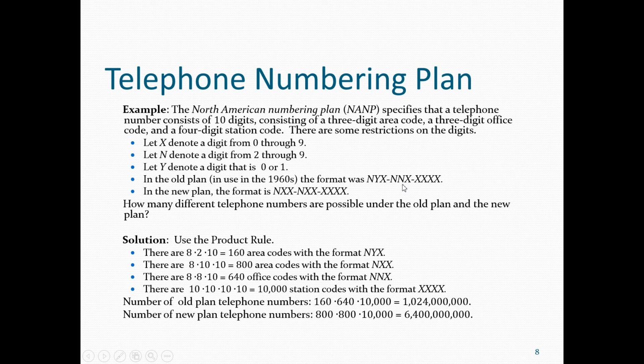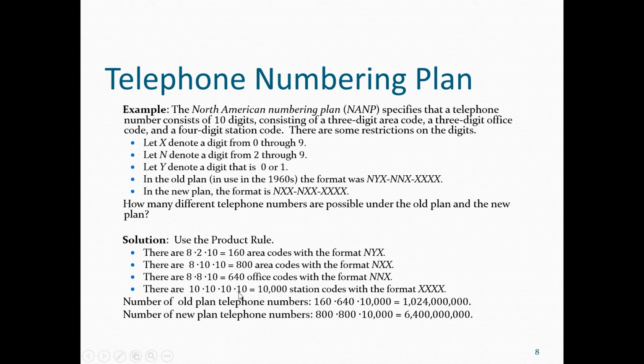Now the NNX format: we have 640 office codes of this format. And the last part is the 4-digit station code. The number of ways can be determined by 10 multiplied by 10 multiplied by 10 multiplied by 10, because it consists of all X's, and X can be chosen in 10 ways.